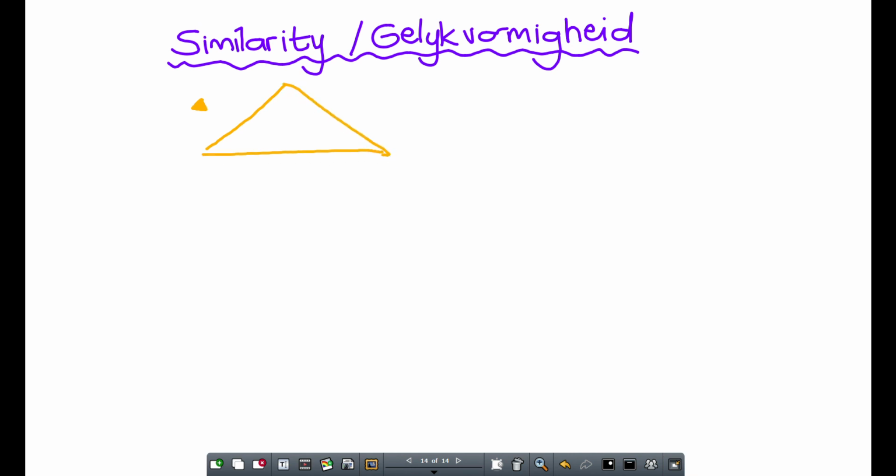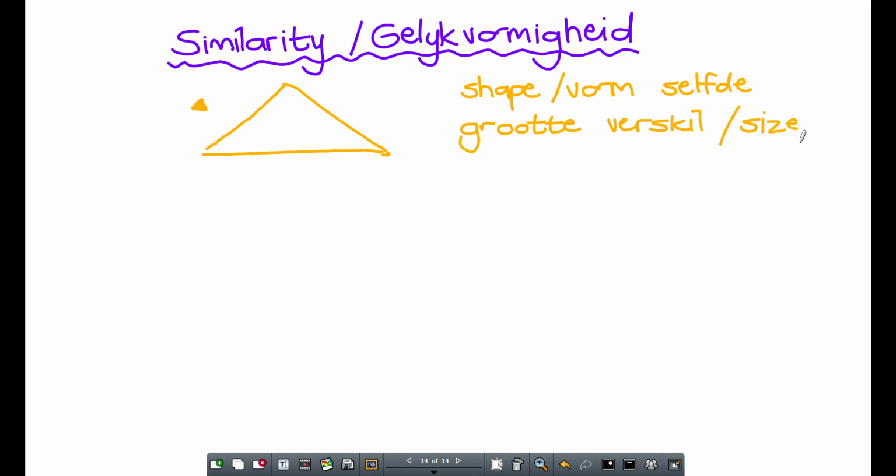Nee. Okay, so the shape is the same. Maar die grootte verskil. The size differs.